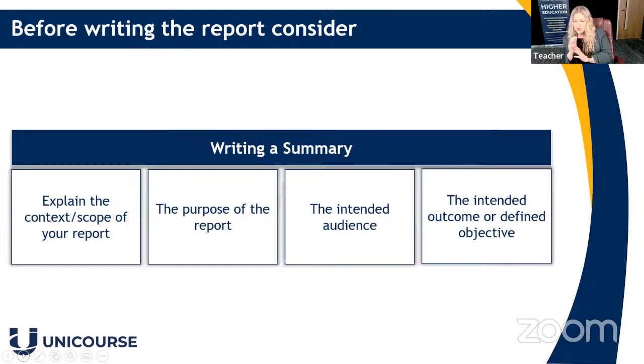Now, the best way to approach this assignment is to think about developing a report and writing a summary, just to give a little bit of an extent of the company and the scope of the report: what you want to achieve, the purpose and how you're going to achieve it, the intended audience as well, and the intended outcome or defined objective or goal, the main aim of it.